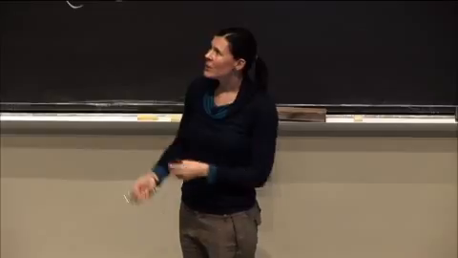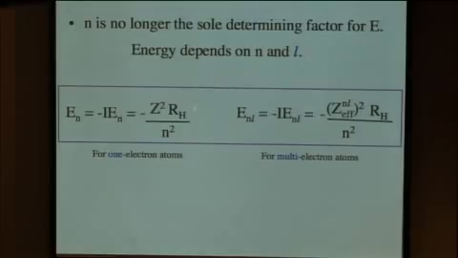We can also look at the energy equation now for a multi-electron atom. And the big difference is right here in this term. Instead of being equal to negative Z squared, now we're equal to negative Z effective squared times R_H all over n squared. When we say Z effective, what we're talking about is instead of Z, the charge on the nucleus, the effective charge on the nucleus.